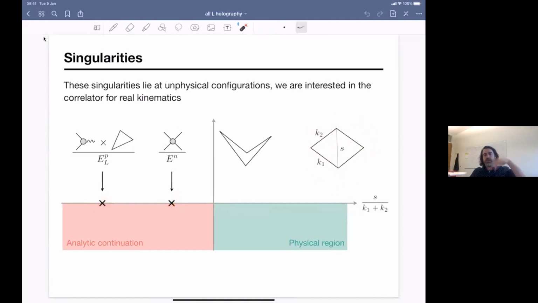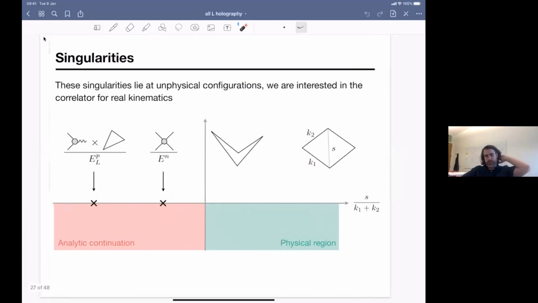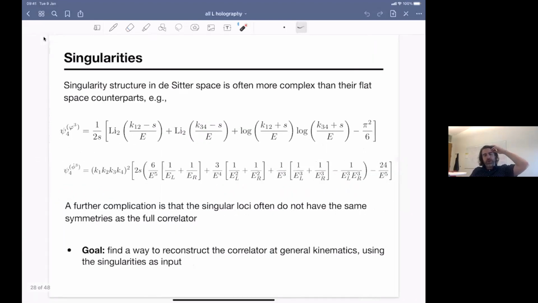So there are some singularities over here in the analytically continued kinematic domain. But nevertheless, it's like complex analysis. The presence of these singularities over here controls the behavior of the correlator or the wave function for physical kinematics. And so what we want to do is to try to understand how to reconstruct the behavior of the wave function over here from information of its singularities over here.